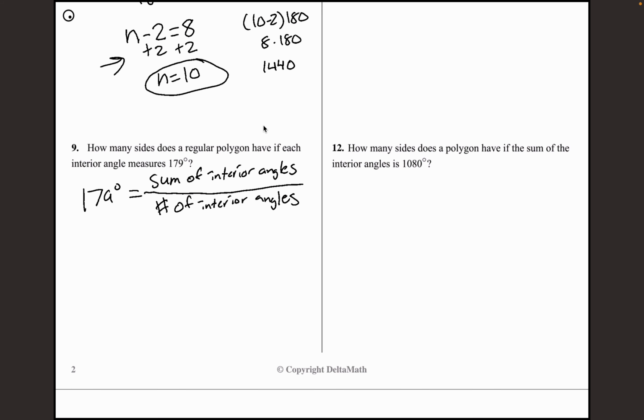Okay, so let's actually fill this part out. Now I'm going to keep my 179. Does anyone know what the sum of interior angles, what we would put for that? What's the equation we use to find the sum of interior angles?